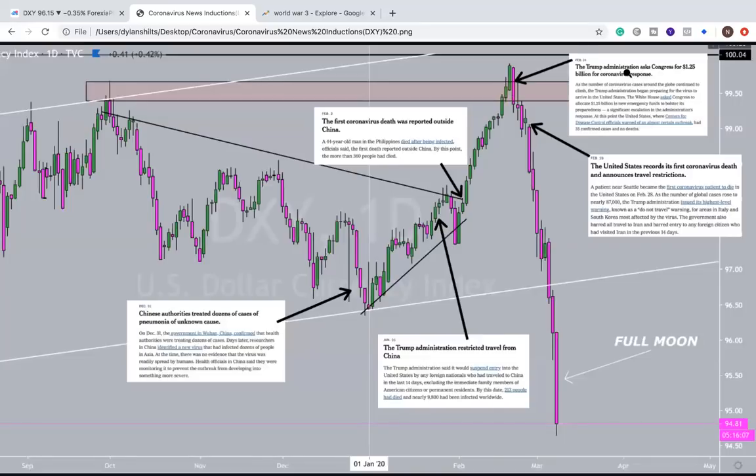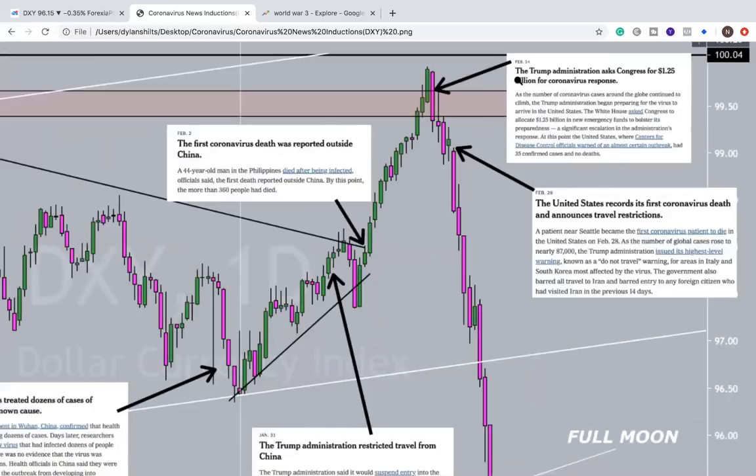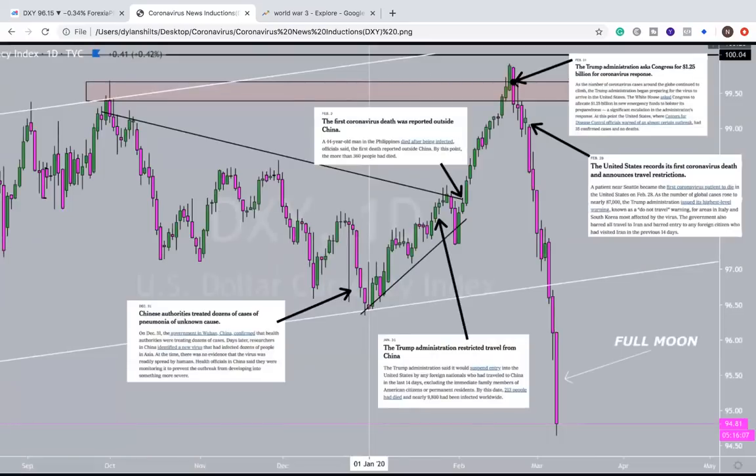Now, another one. Another coincidence. The Trump administration asked Congress for $1.2 billion to respond to coronavirus. Right at the peak point of the induction, where there's no return, absolutely no return.